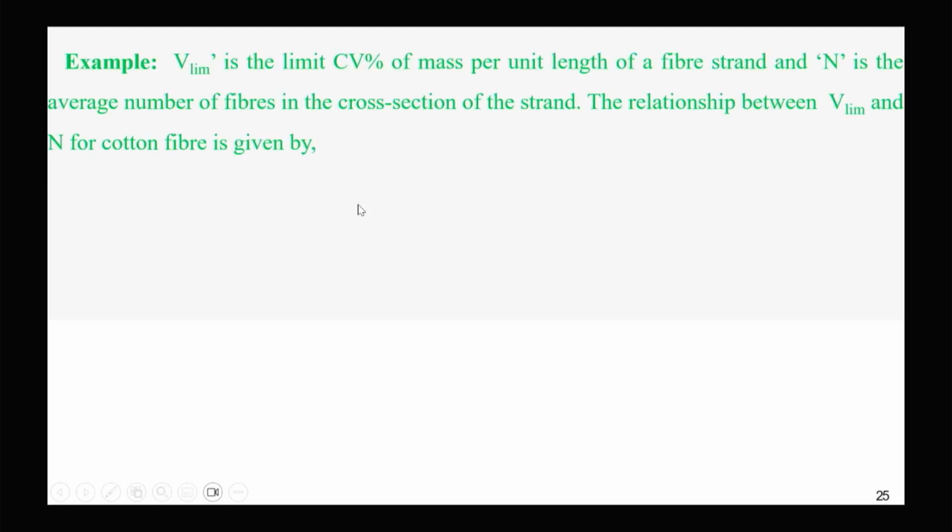Next numerical. CV limit of mass per unit length of fiber strand, and N is the average number of fibers in the yarn cross section.